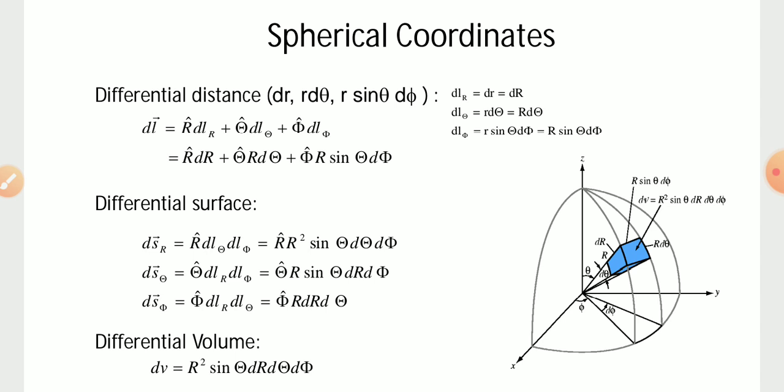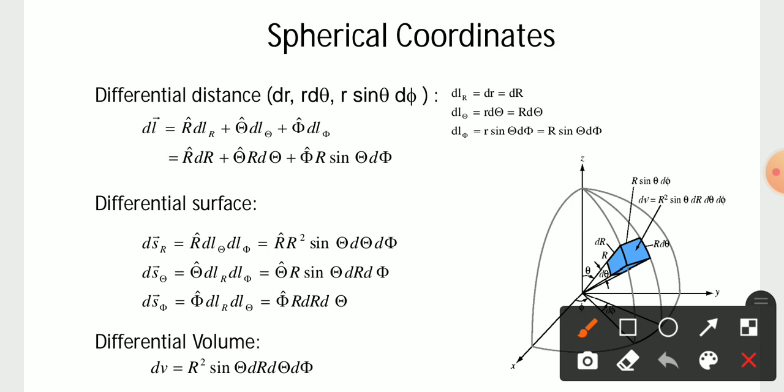That is, r is the normal vector with respect to the theta and phi surface. Then the expression will be r d theta and r sin theta d phi, which means r square sin theta d theta d phi.